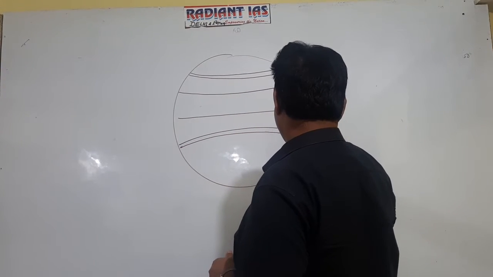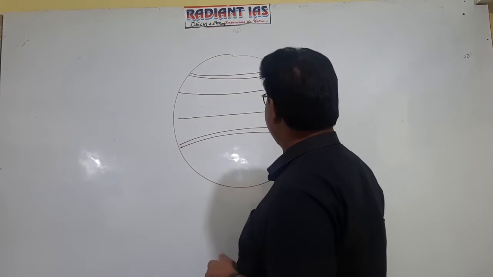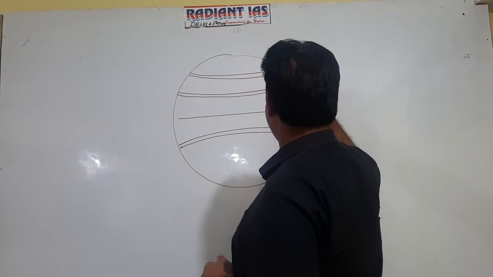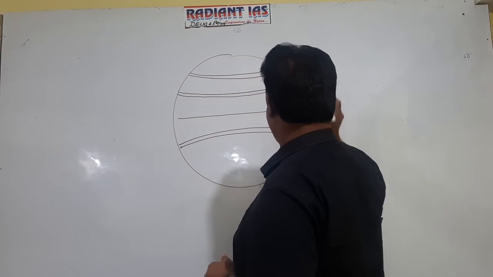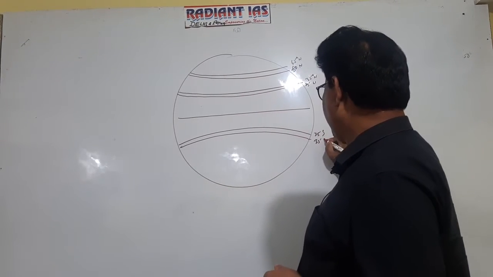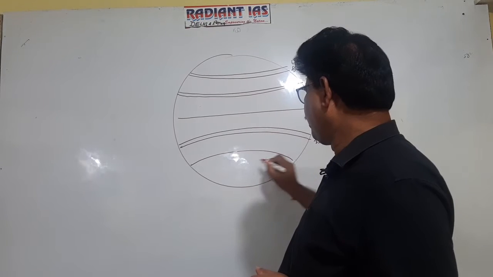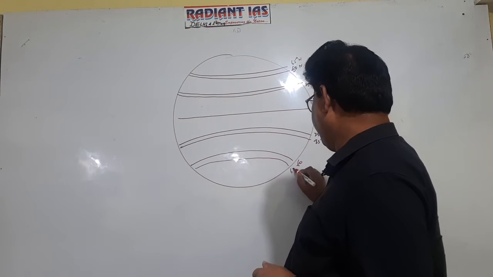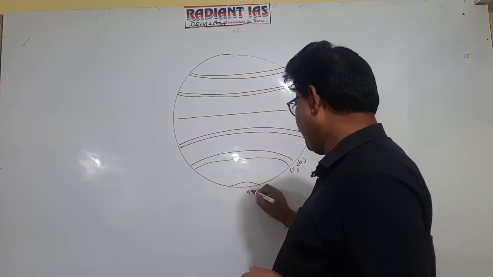To take it more clearly, this is 25 to 35 degrees north in the northern hemisphere, and 25 to 35 degrees south in the southern hemisphere. Again, this is 60 to 65 degrees south, and this is 90 degrees.